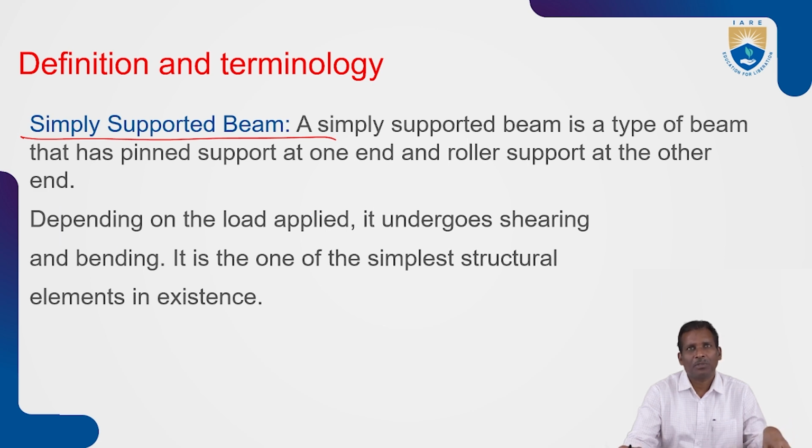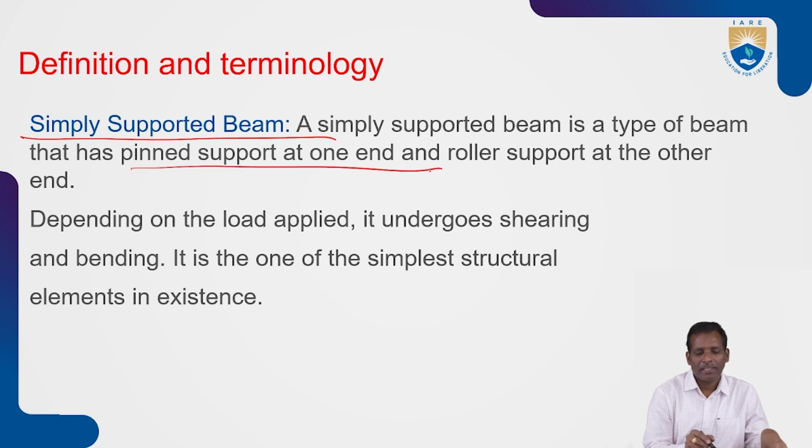Define the simply supported beam. So how do you define it? A simply supported beam is a type of beam. It is a structural member that carries various loads, but it has pinned support at one end and roller support at the other end.